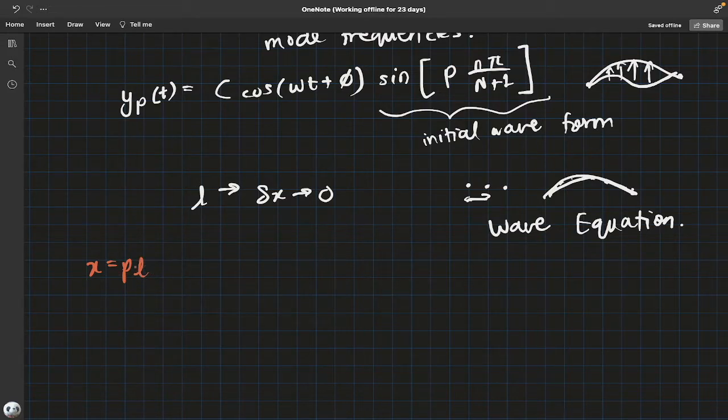So x equals p l. Let's define x this way, because if you look at the argument in there, we can set this to be x over L, n pi over n plus 1. So there are n plus 1 components, although the 0th and the n plus first are fixed.